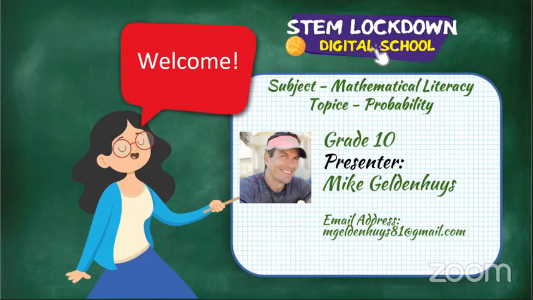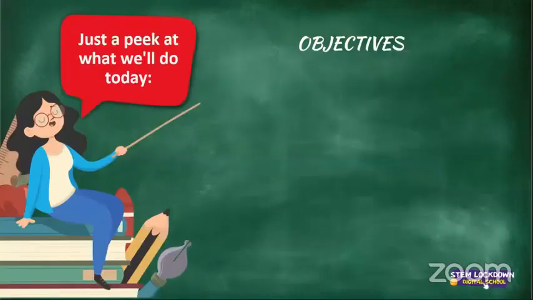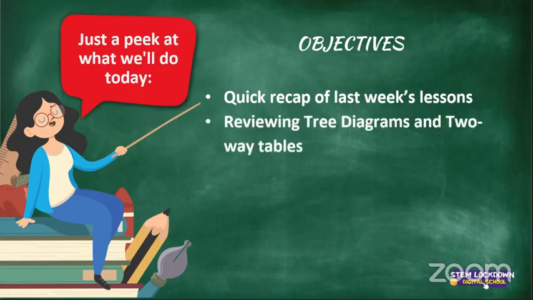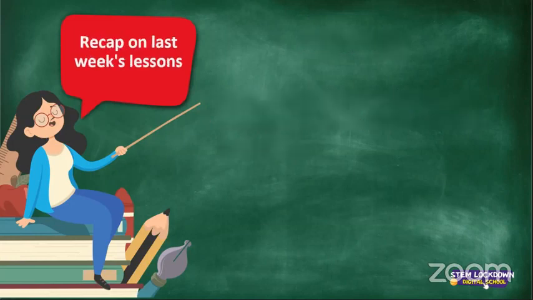So like I mentioned, we'll go through everything that you did last week from probability. Some of the objectives: we'll go through a quick recap of last week's lessons, and we'll also be reviewing the tree diagrams and the two-way tables that you did. That is all that we will have time for.